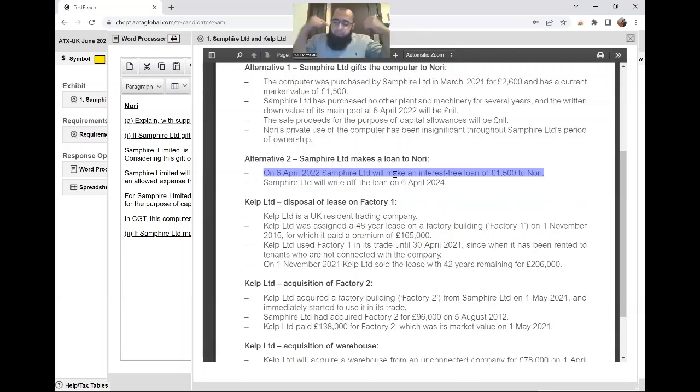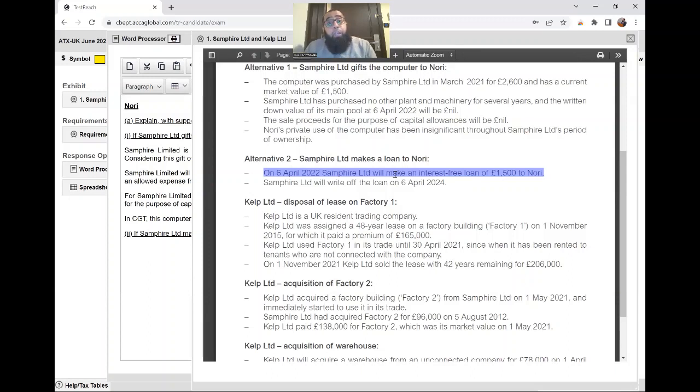Open the summary notes. Start using your mind. When a closed company gives a loan to its shareholder, you have to pay a deposit, a notional tax, to the tax department of 32.5%. You start using your mind. Samphire Limited is a closed company. It is giving a loan to its shareholder.